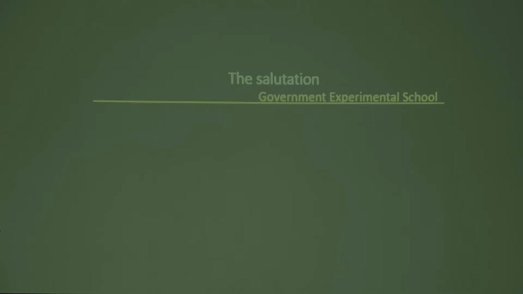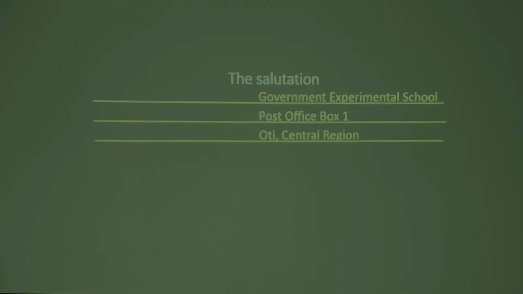So we are still on our salutation. This is my address. I'm just repeating the address for us to know how it's supposed to be arranged. Government Experimental School, Post Office Box 1, OT Central Region. Then my date, 23rd May 2018. It's assumed I'm writing the letter today.